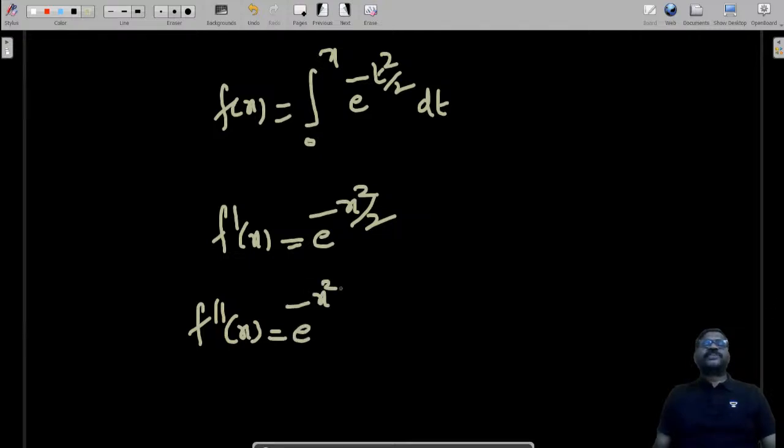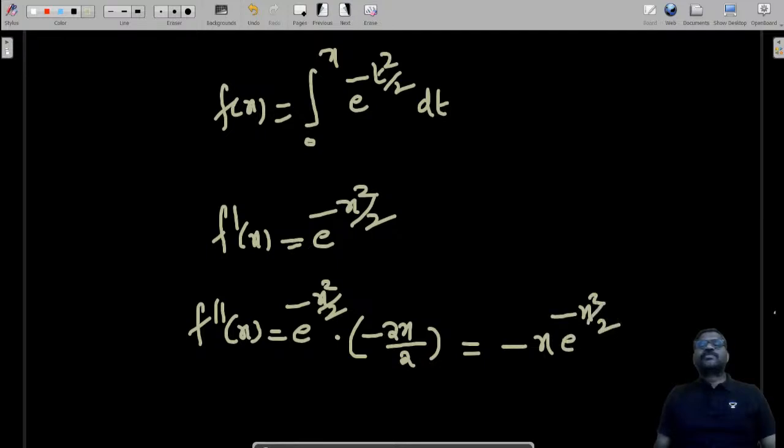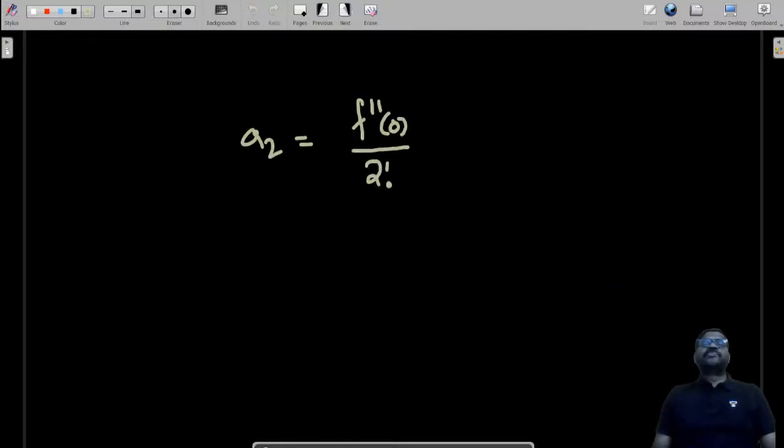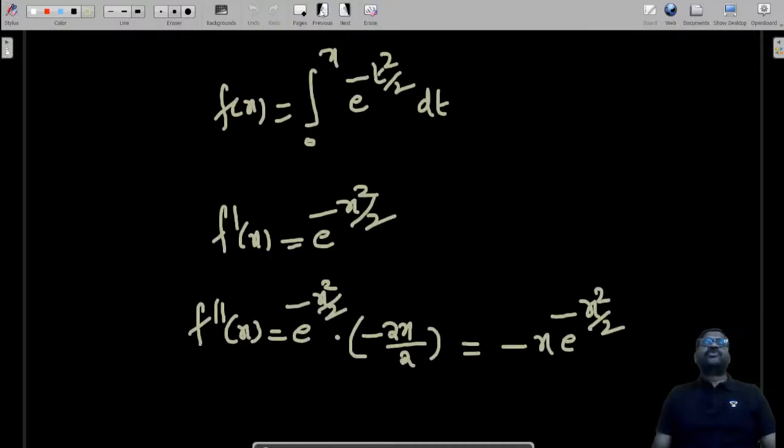F double dash x is e power minus x square by 2 into minus 2x by 2, that is minus x into e power minus x square by 2. Now f double dash 0 is 0, so 0 by 2 is 0. Finally, the value of a2 is 0.